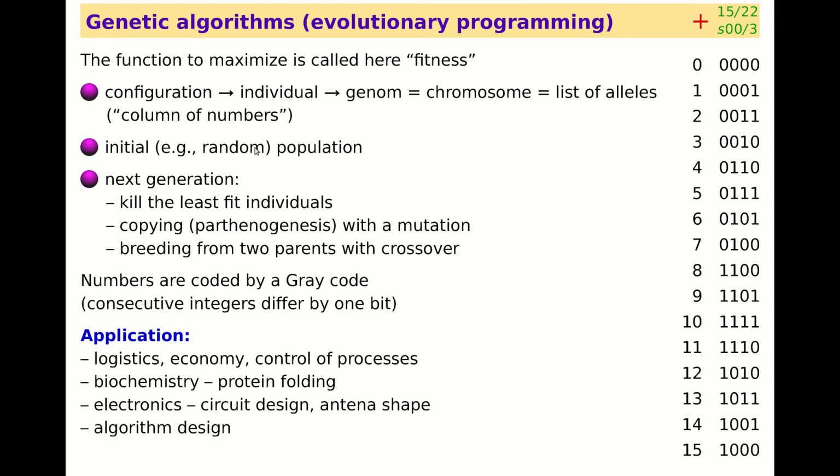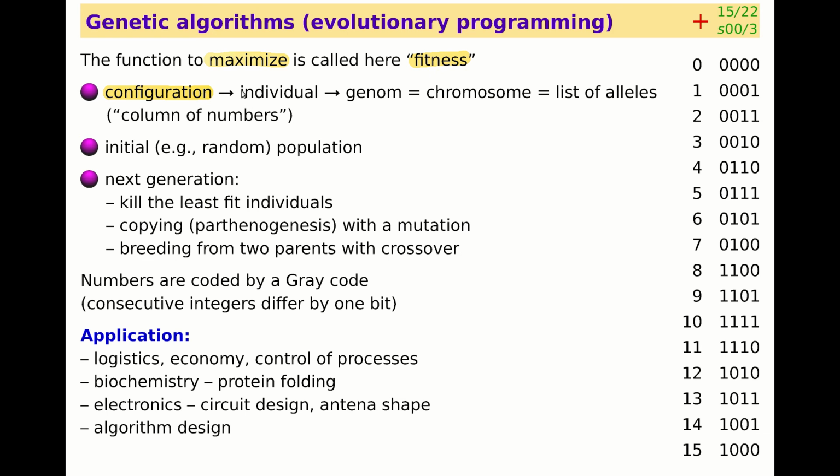The genetic algorithms are based on the principles of evolution. We have a certain function to minimize or maximize. Here usually we maximize, it's just a matter of sign. And this function is called fitness. It's the fitness of an organism, whether it will survive. A configuration, we use the term configuration for molecules.